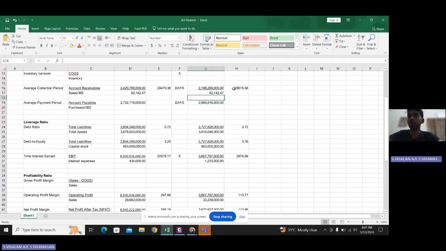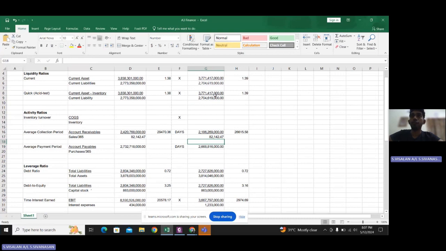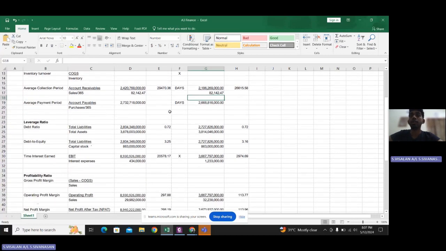So the answer will be 26,615.58 days. So until now, I think for the year 2021, the performance is still better in the average collection period, because the ratio is higher here and the number of days is lower. So we will see after this what happened.